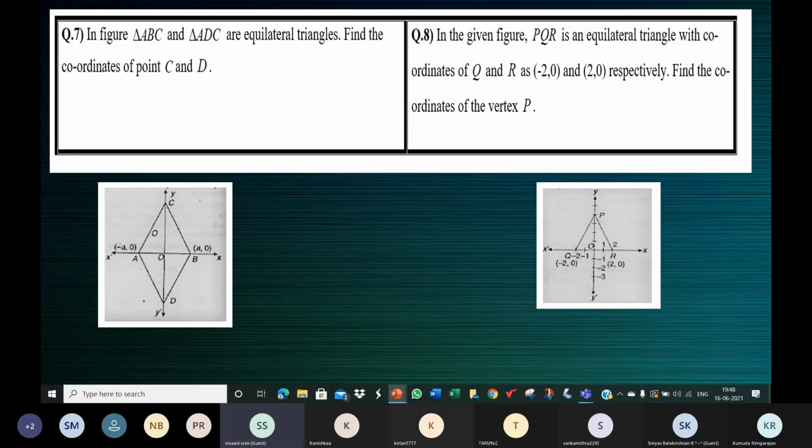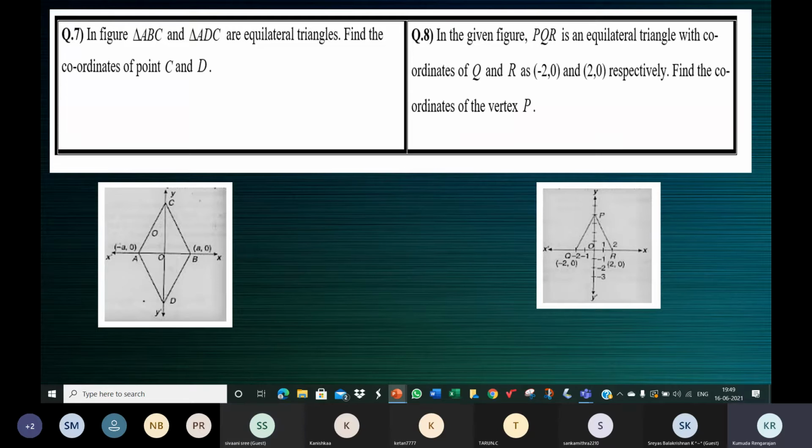Coordinates of C are 0 and A root 3, ma'am. Okay. And D is 0, minus A root 3.